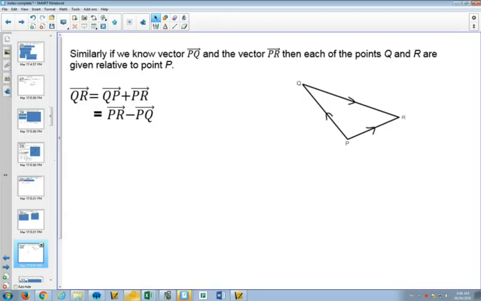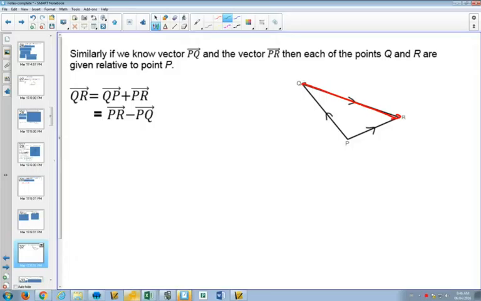So here we have a picture of a triangle, and it's saying if you have PQ and PR, then you could also find Q to R. Again, this is how I would think about it. I want to find Q to R. That's my resultant. What am I going to have to do?